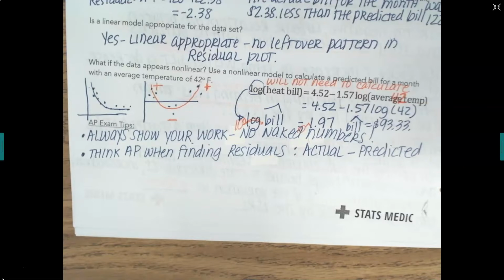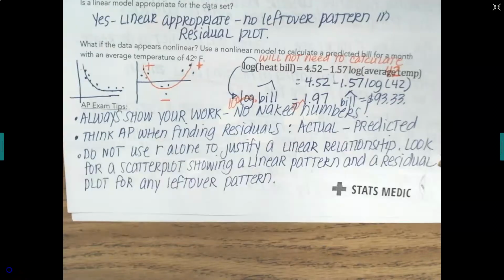Okay, and then our final exam tip has to do with our residual plot and correlation. You do not want to use r alone to justify a linear relationship. You can calculate a correlation on anything, but correlation is only for linear relationships for it to work.